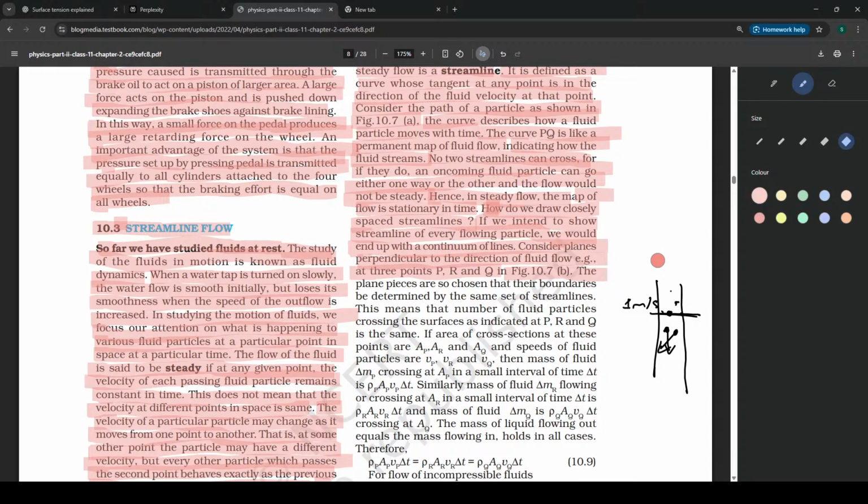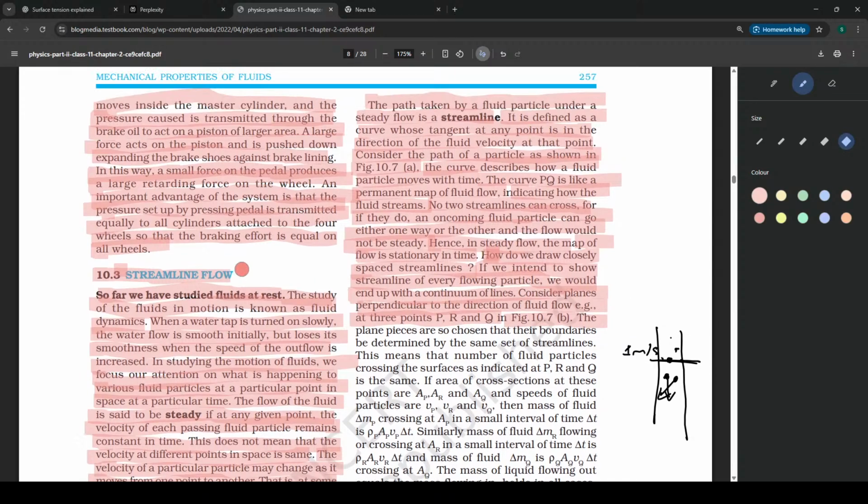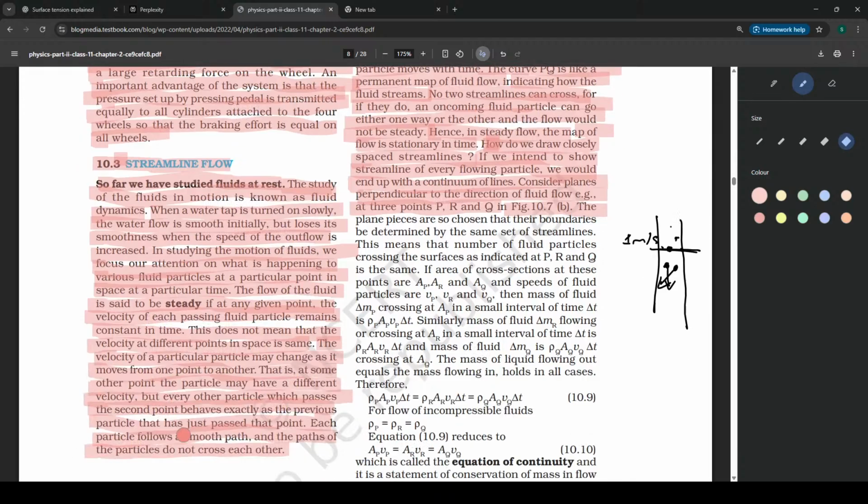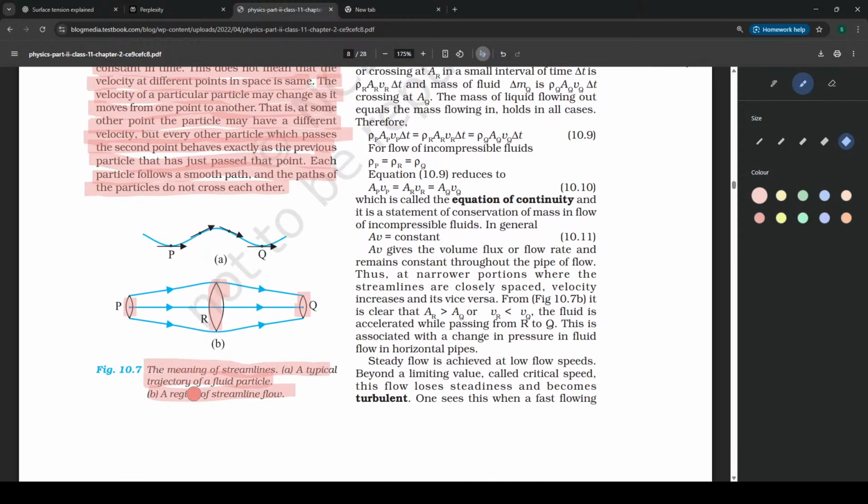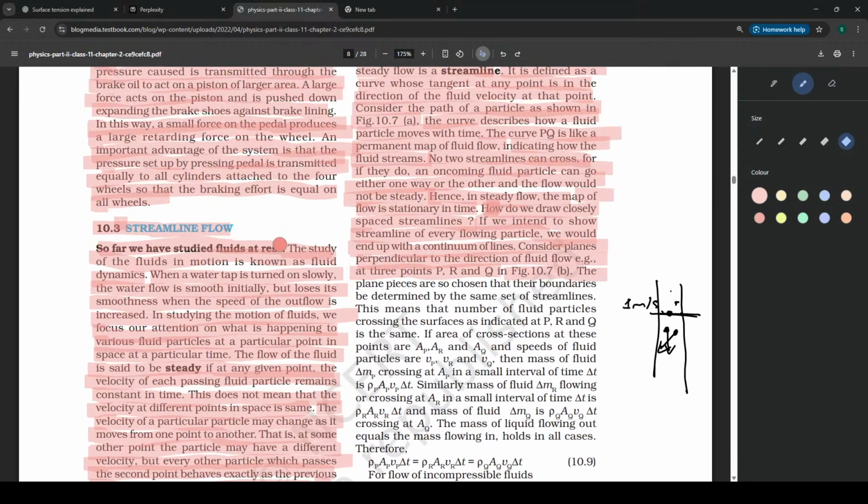So because of that, like in the case of diagram 10.7b here, this is the streamline flow. Then we take three points P, Q, through R. We consider planes perpendicular to the direction of the fluid flow.